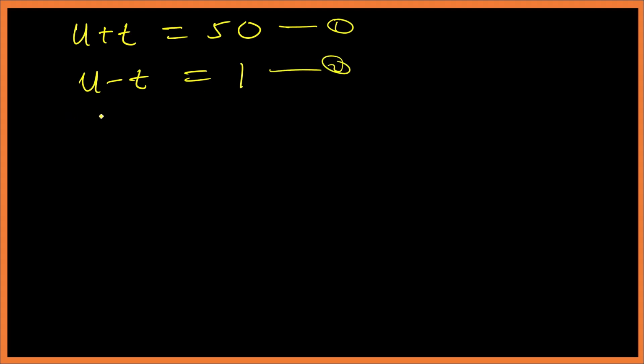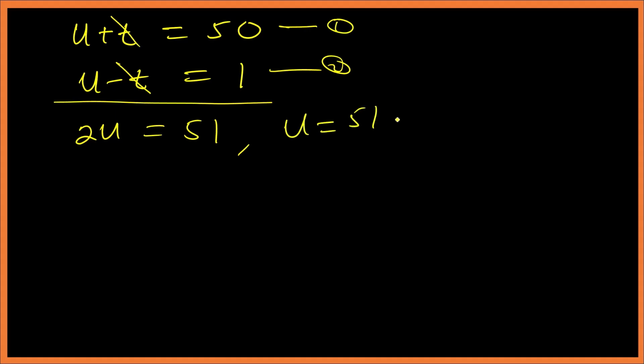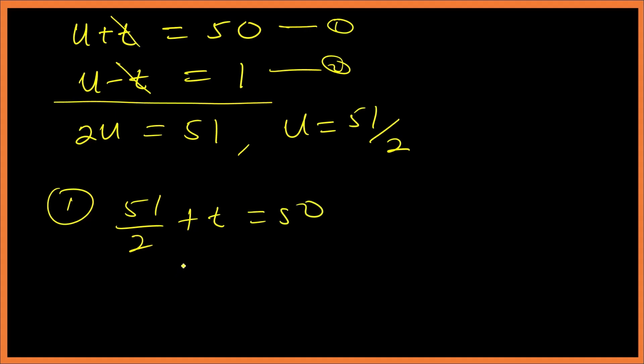Now let's add equations 1 and 2, which will make this side 2u, this one will go, equals 51. Therefore, u is 51 on 2. Knowing u as 51 on 2, we can use any of the equations to solve for t. So using equation 1, u, which is 51 on 2, plus t equals 50.